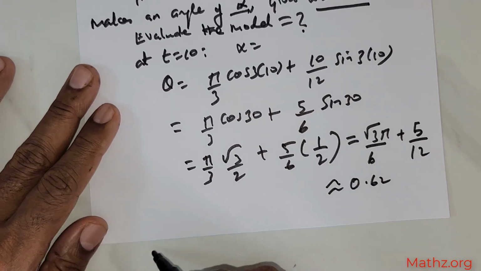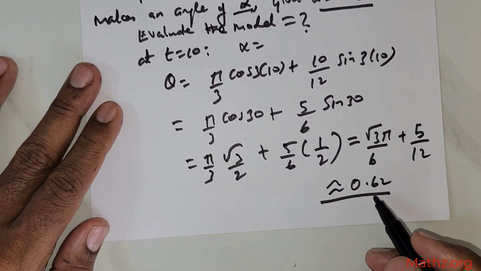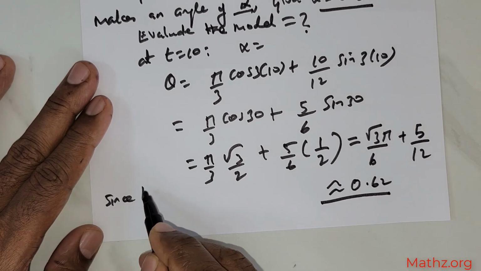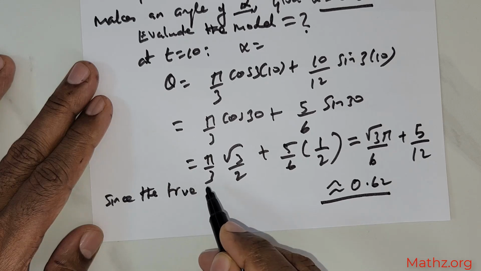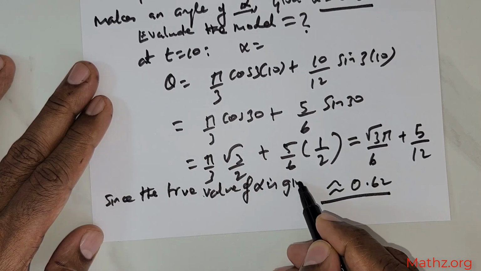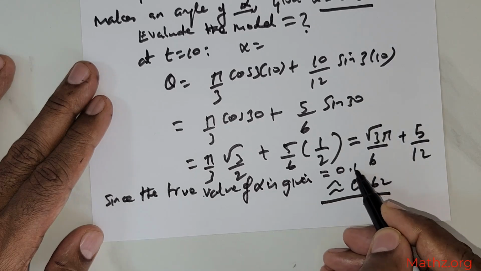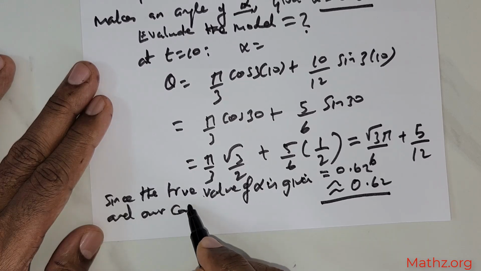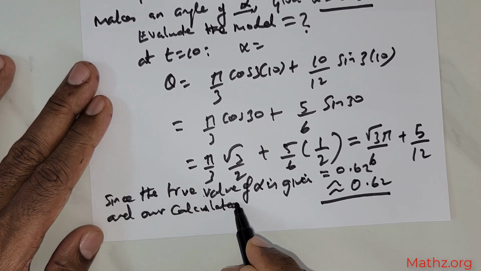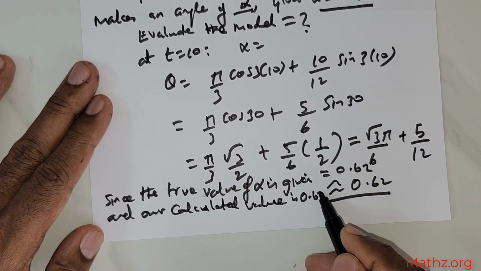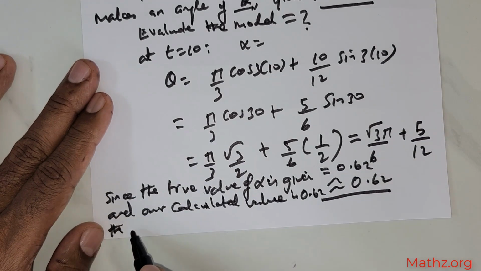Now how are you going to conclude? Because you have got this value 0.62, you will have to make the following conclusion. Since the true value of alpha is given to be 0.62 and our calculated value is 0.62, the model is accurate.